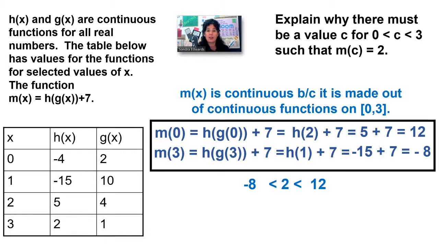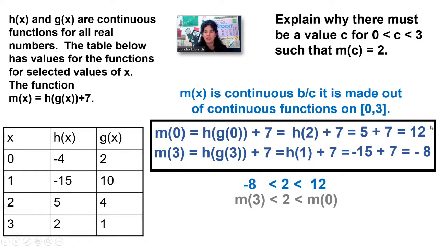Okay, another way that you could make this exact same statement is, notationally, negative 8 was the same thing as m of 3. So if you said m of 3 instead of negative 8, and you said m of 0 instead of 12, that would be the same thing, okay?